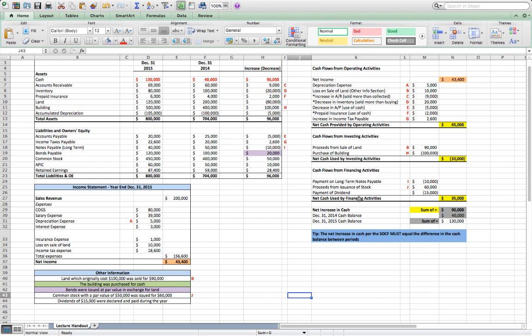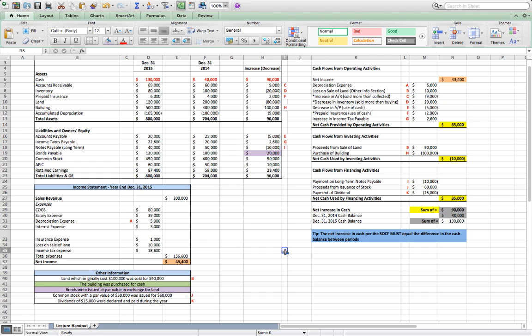The last item on here is the payment of dividends. As you see in this last box for dividends in the other information, we had $15,000 of dividends that were declared and paid during the year. This represents dividends paid to others who own our stock.